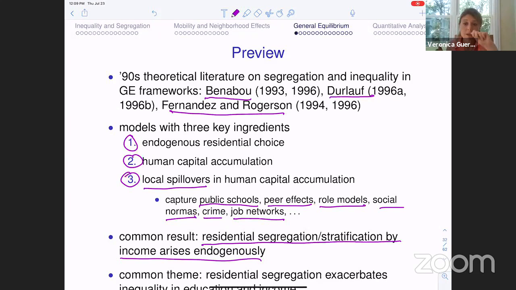It may be taxes, for example, if you focus on the public school system, or it may be house prices. But there is some form of general equilibrium price that generates this segregation, as I'm going to show you in a second. Okay. And so the common theme of these papers is that residential segregation exacerbates inequality both in education and in income.